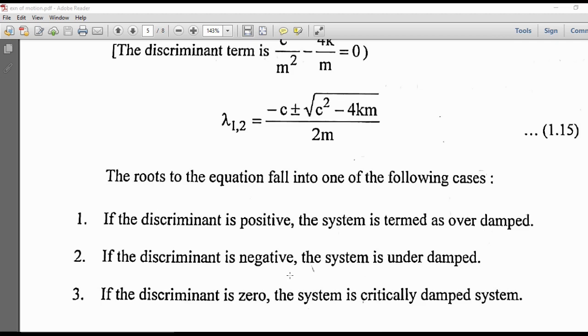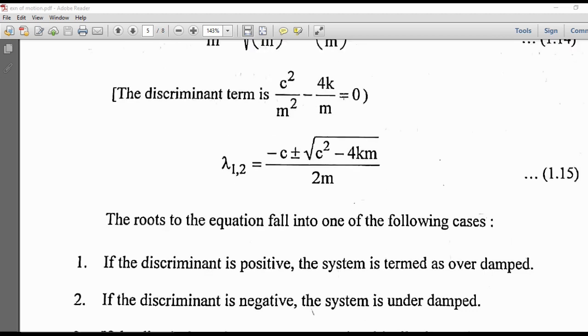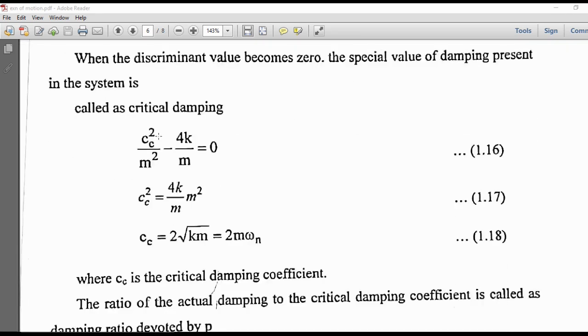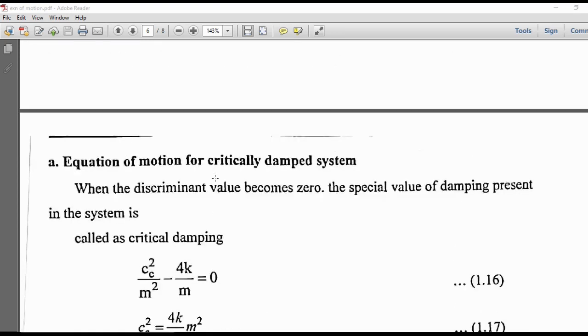Now let's consider the case where the system is critically damped, meaning the discriminant term equals 0. And I can write C as Cc because it is critically damped. Cc is the coefficient of critical damping. So Cc square by M square minus 4K by M equals 0. I can also write this as Cc square equals 4K by M into M square.